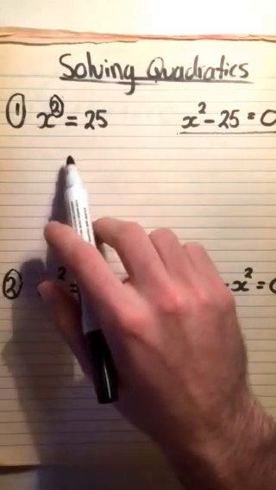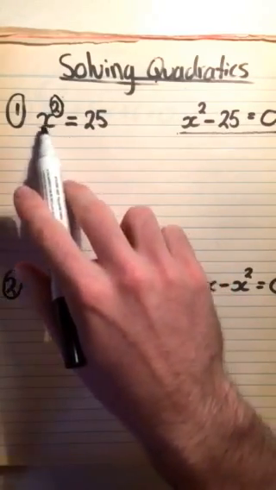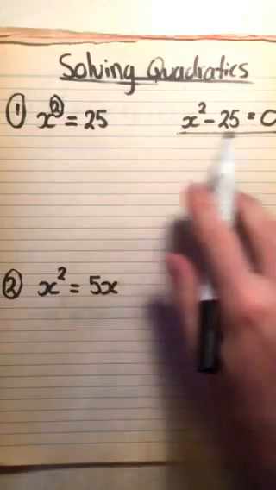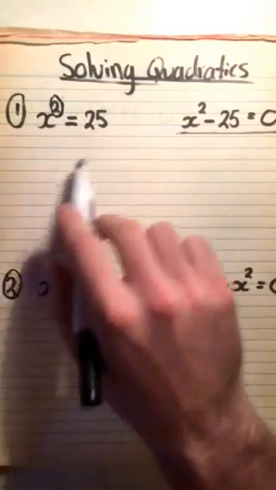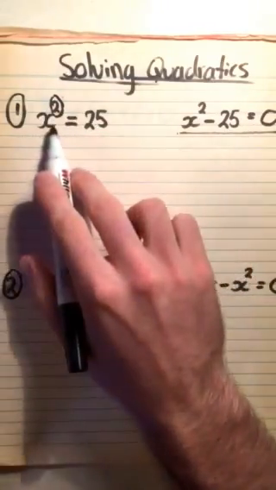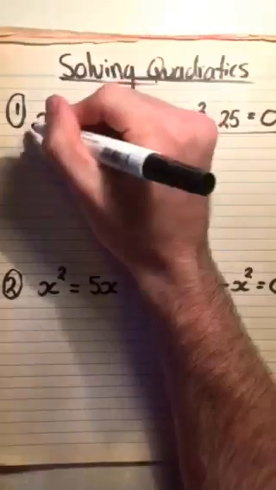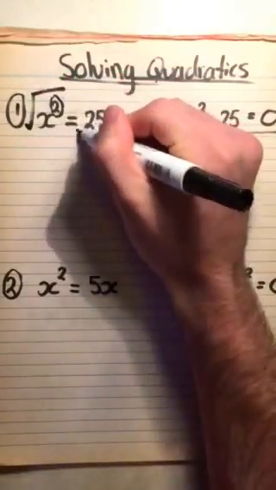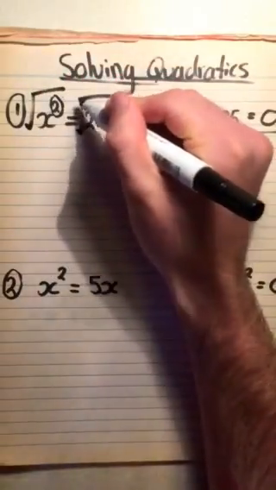Now with this first example, I've written this same quadratic in two different ways, because with this particular type, you can probably see that if we have x squared equals 25, a simple way to solve it would just be to square root it.